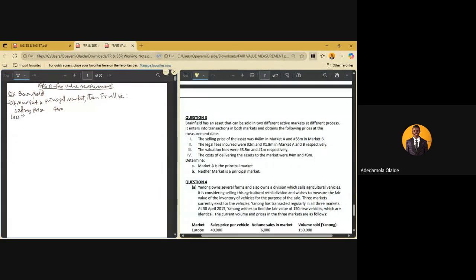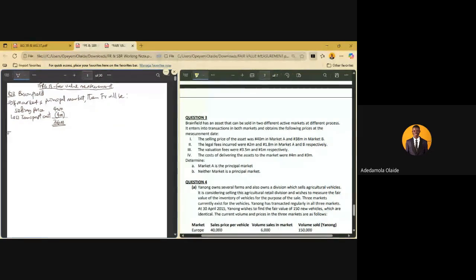Less transport cost. What's the transport cost? 4 million. So with that, the fair value will be 36 million. That's all we want to do there.